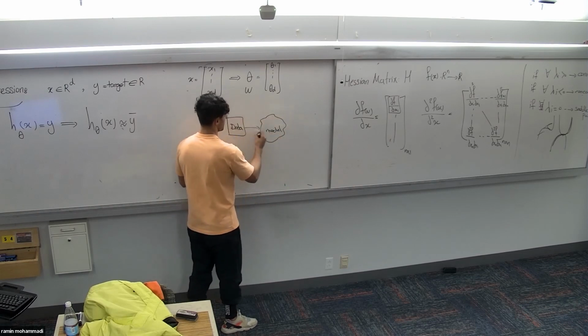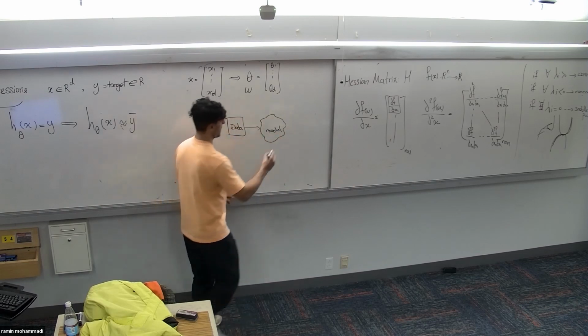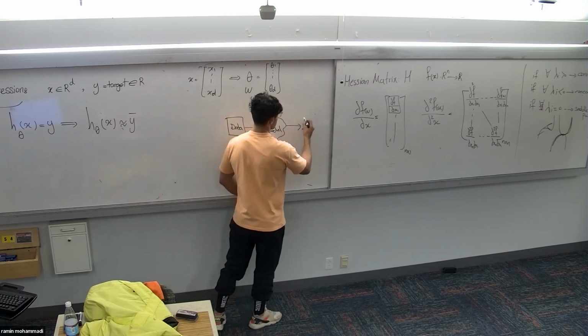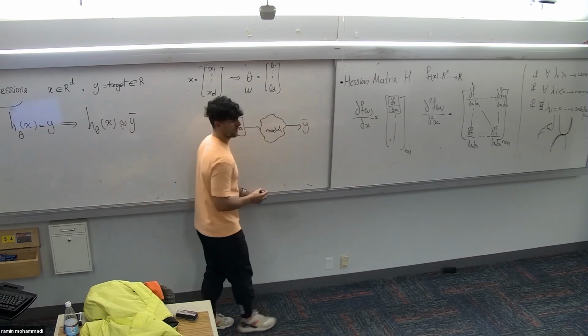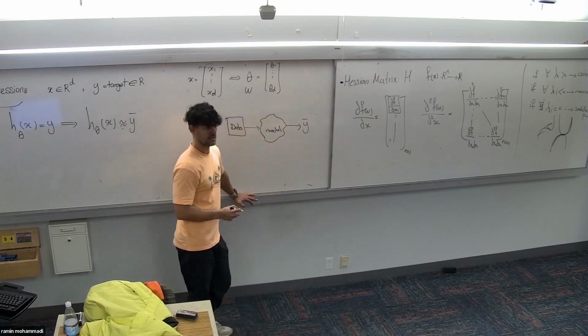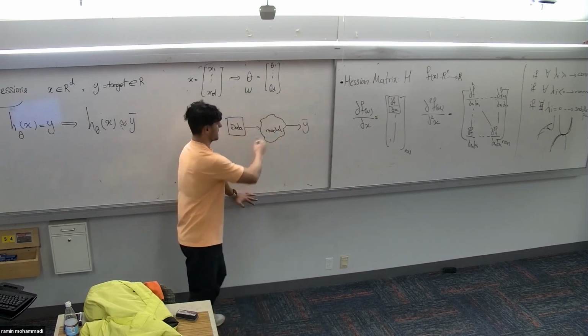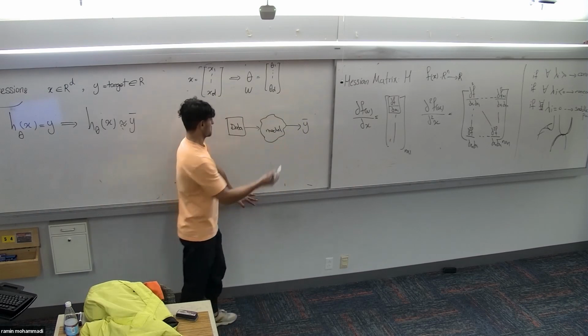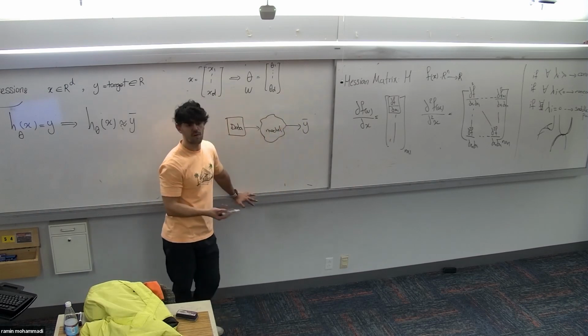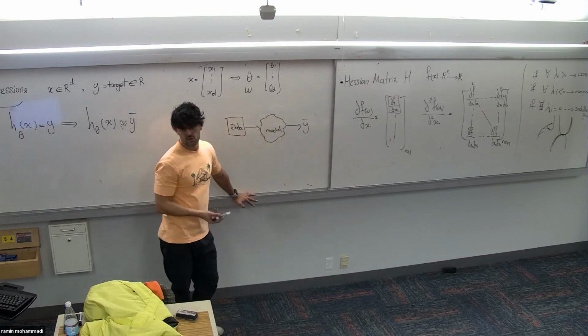The data goes to the model, and the model predicts y hat, correct? So that's it. Did I learn? No, because the weights of this model could be random. So you need to create a pipeline.